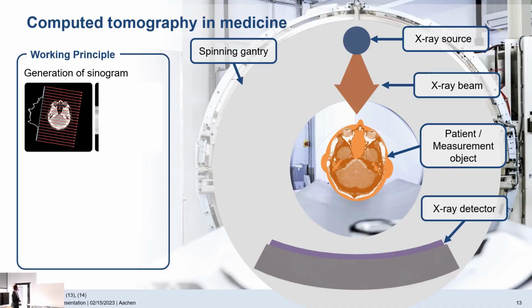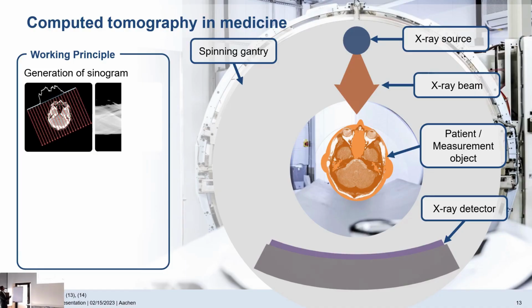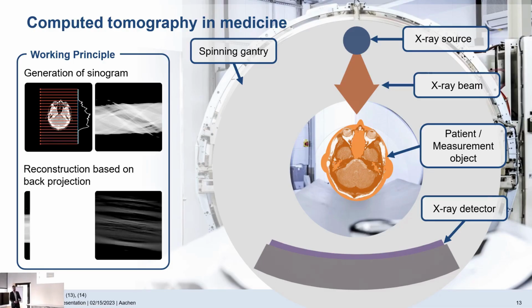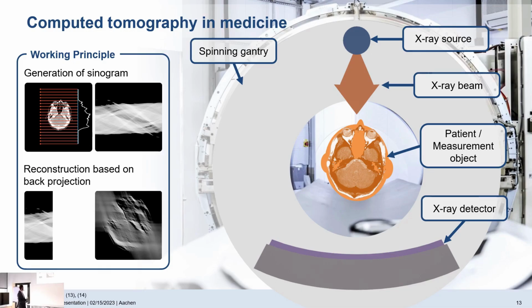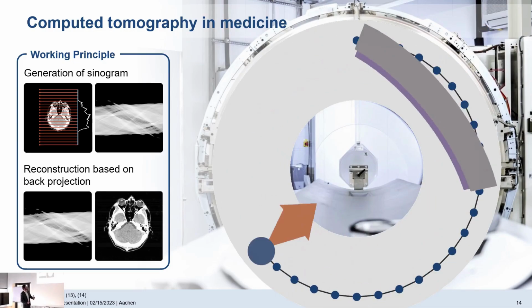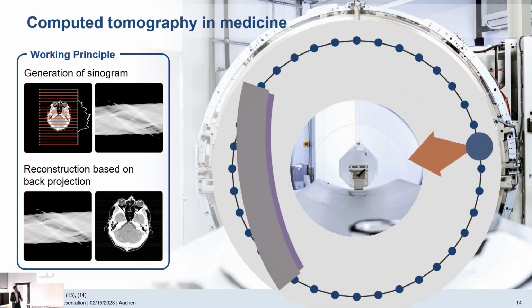And while the gantry is spinning, we measure the intensity distribution. If we plot it over the angle of the gantry, we get the so-called sinogram. And the sinogram can then be used for the reconstruction, which is based on an inversion of this projection, which is called back projection.